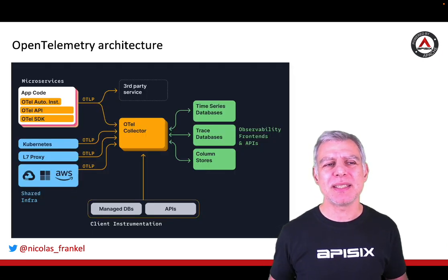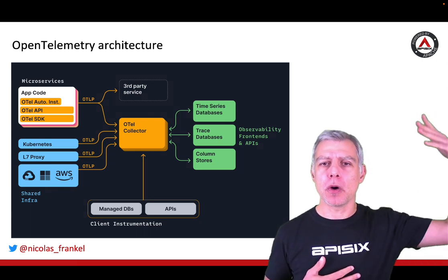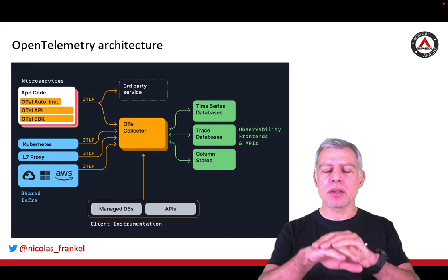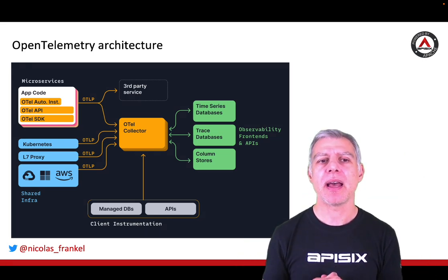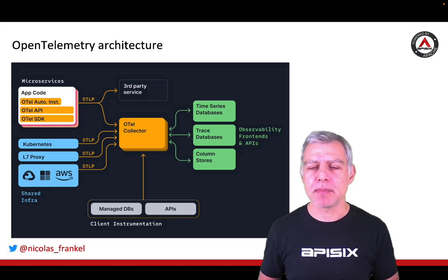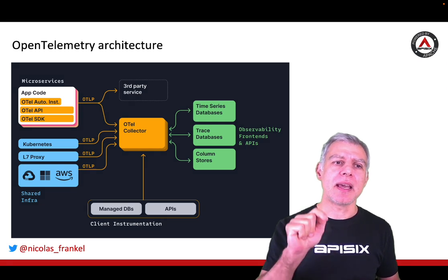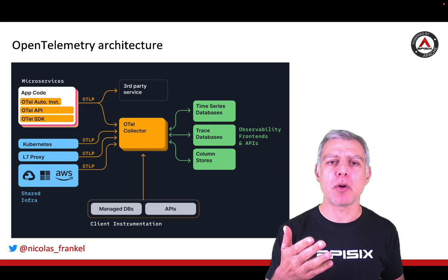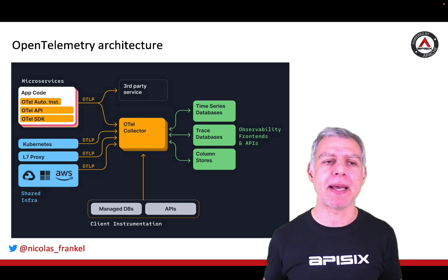The architecture in itself is quite easy. Basically, you've got components, whatever they are, and then you've got what they call an OpenTelemetry connector. This OpenTelemetry connector accepts data in a specific format, and this specific format allows you to have a parent-child relationship between spans.